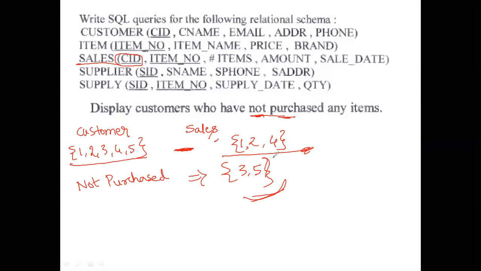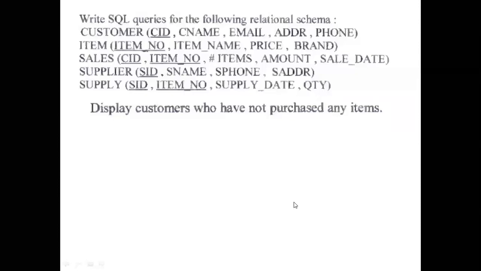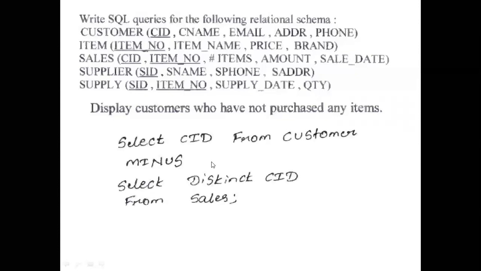So again, this query can be solved in two ways. One is, since we have a direct minus operator in SQL, we can use that, or we can use an alternate way: the not in operator also. So let us look at the first way of writing it. It is like this.